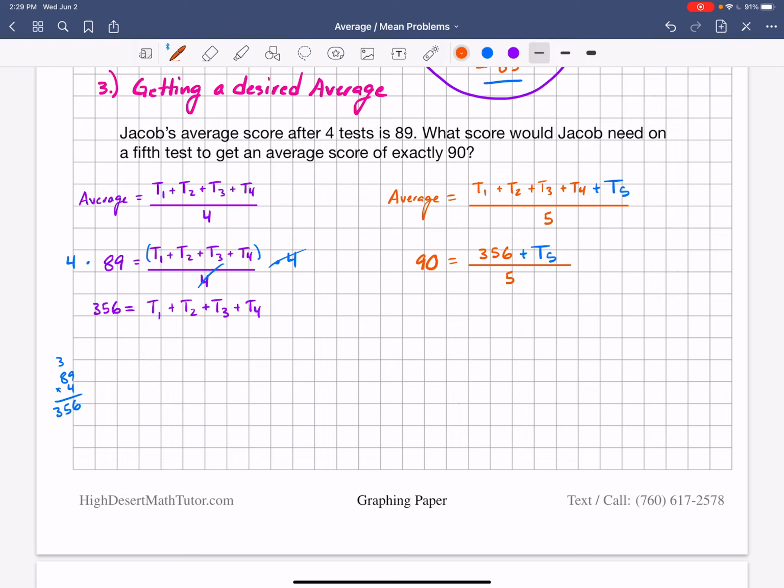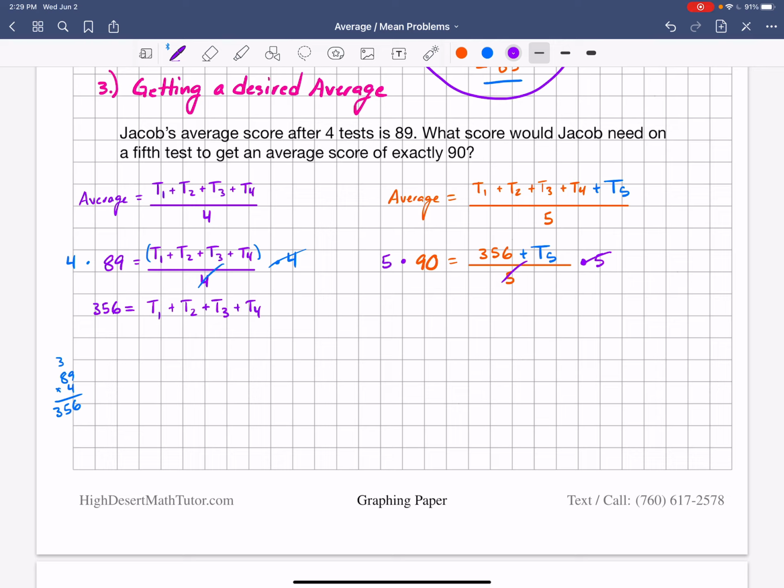All we have to do now is solve this for the 5th test score. So what are we doing to the 5th test score? Well, we are adding something to it, but we're also dividing by 5. So since we're dividing everything by 5, let's get rid of that division by 5 first. So the opposite of dividing is multiplying by 5. So we'll do that to both sides of the equation.